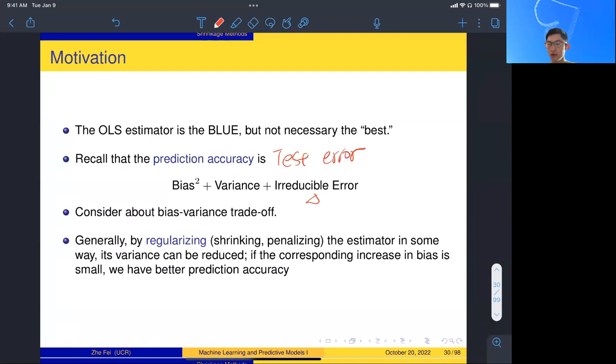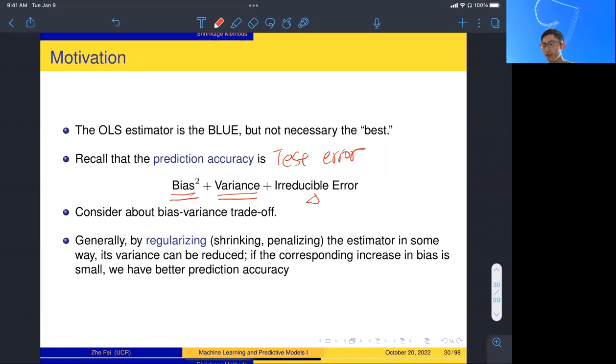Then in addition, we would have the bias between our fitted model and the true model, and the variance of the fitted model as well.